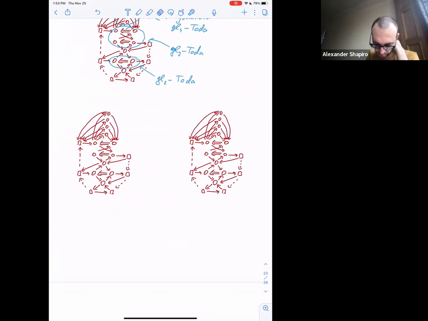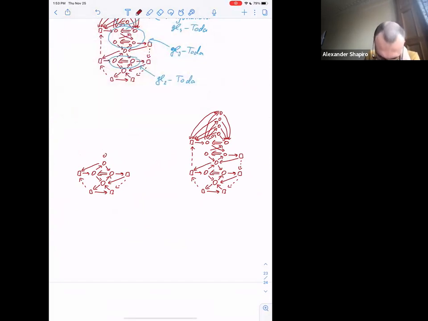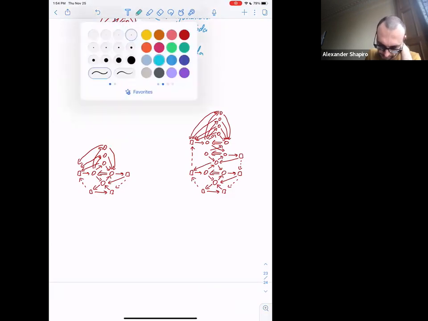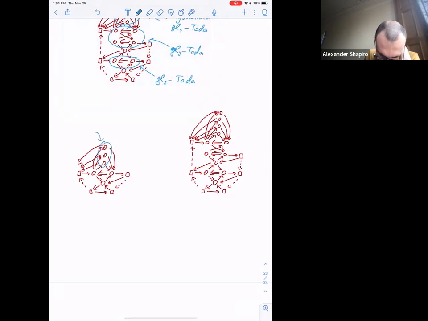And as you do that, you'll have the quiver like that. So now this is diagonalized GL3 Toda.